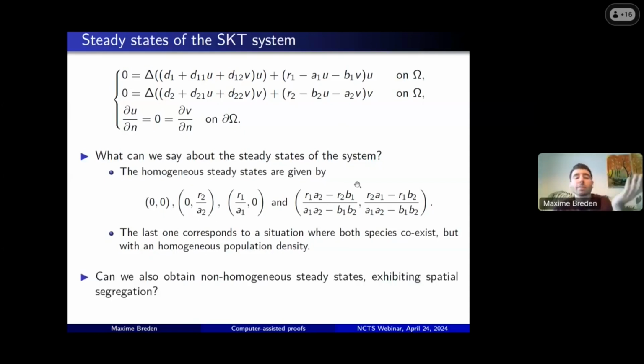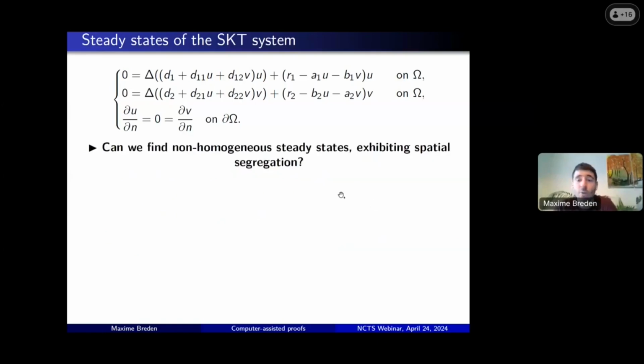That's already a first step, but this is only homogeneous, and we would like to see non-homogeneous steady states, because in experiments people also see them for these kinds of problems. So that's the main question about this system that was asked immediately when the system was introduced. It's a very interesting but also very hard question. A lot of studies have been made here.